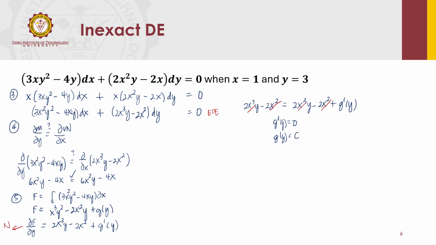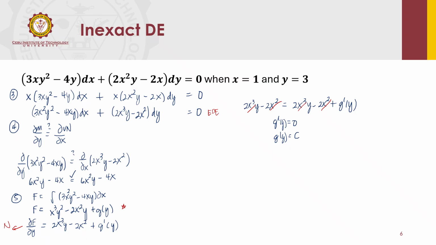So we're going to plug that into the equation with the g prime of y. We can put some indicator here as a star, or label it as equation 1, whatever. It's up to you.